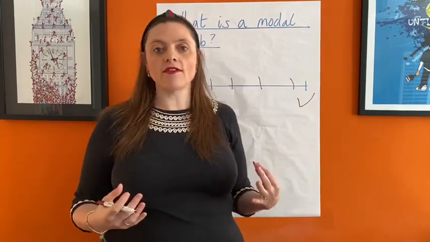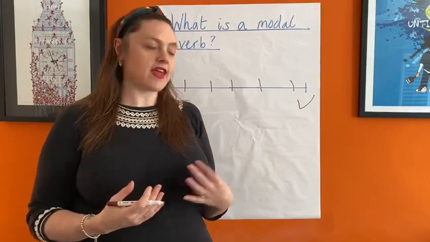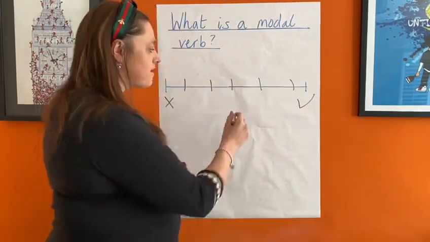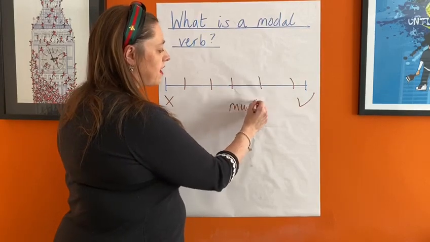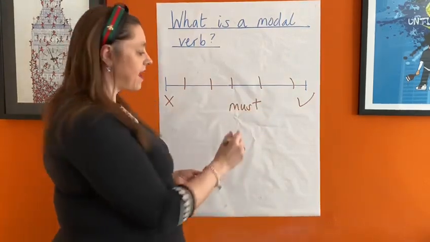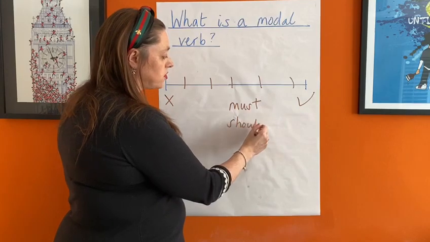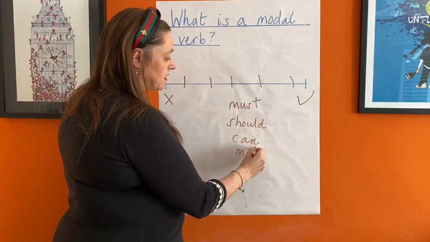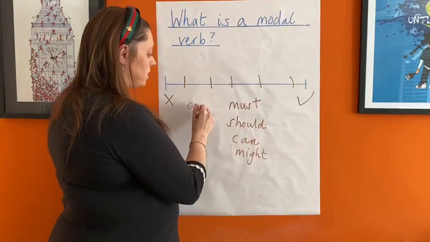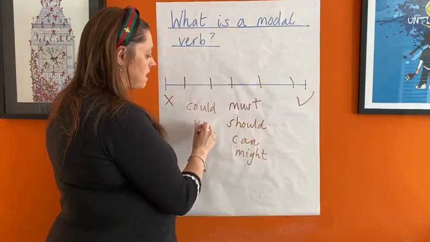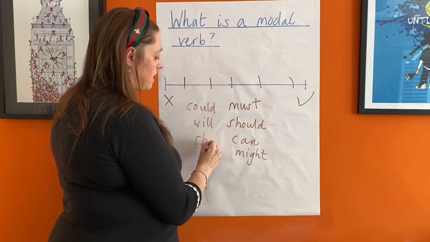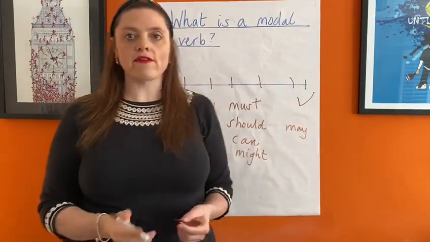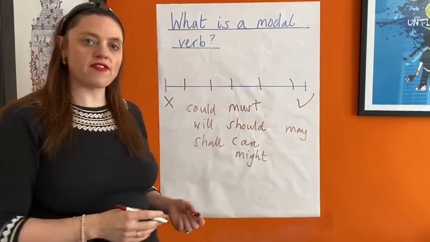So I'm going to jot down some of the modal verbs, and you can be having a think of how likely they are for something to happen. So one of the modal verbs that we talk about is must, and we also have the modal verb should, and we have can, might, could, will, shall, may, and there are other modal verbs, but I'm just going to talk about these ones for the time being.